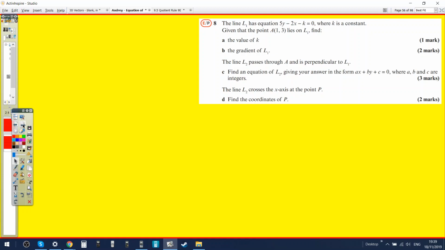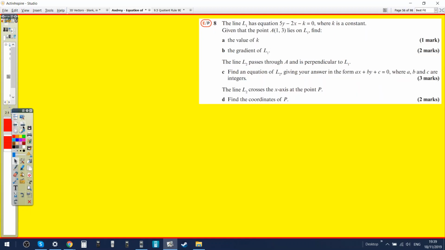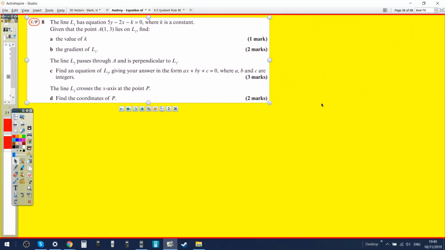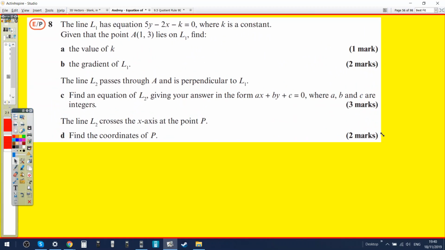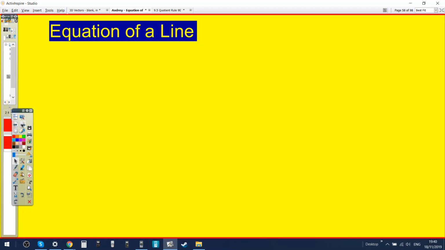If one gradient is 3, the perpendicular will be minus a third. Yes. Let's see this one. k is a constant. Okay, gradient. This is similar. Yeah. Okay, equation of a line. How do you feel there? Probably a tick. Yeah.